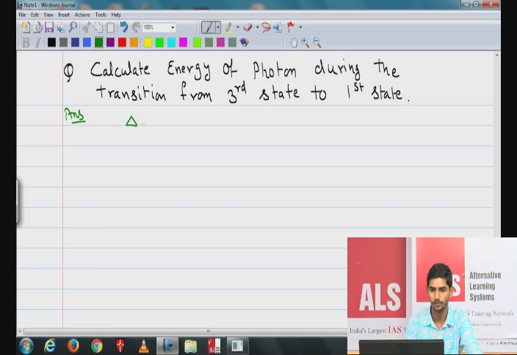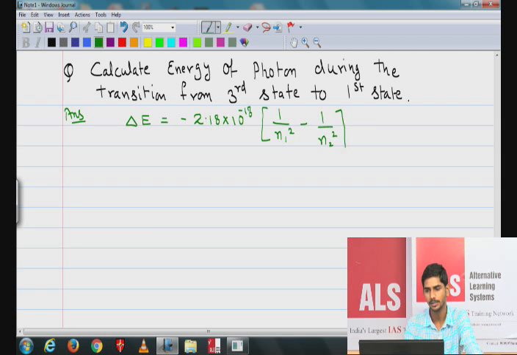We have to start with the basic formula that delta E is equal to minus 2.18 into 10 to the power minus 18 into 1 upon n1 square minus 1 upon n2 square. As they're talking about the energy, we directly put this formula. Put the values and solve it and you will have your answer.